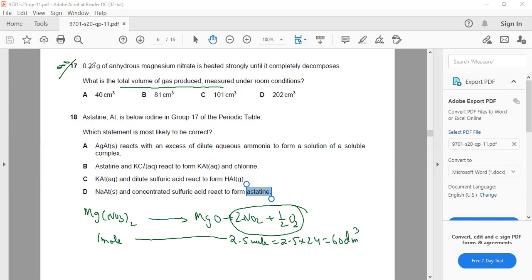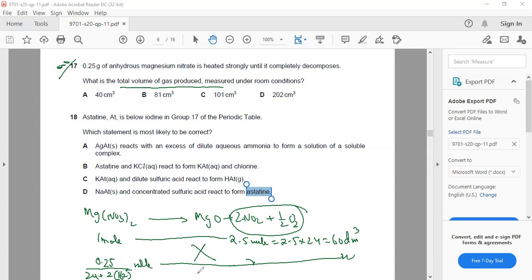So 0.25 mole, and how much mass? What is the Mr? Convert into mole. 24 plus 2 times 62, that is the mole of magnesium nitrate. How much volume will this form?